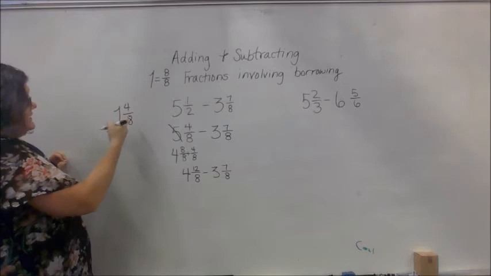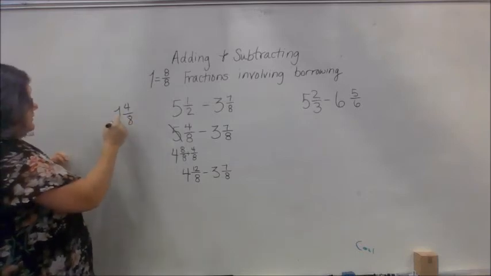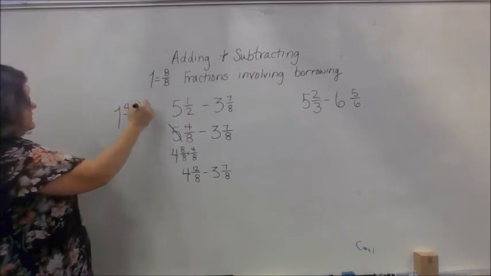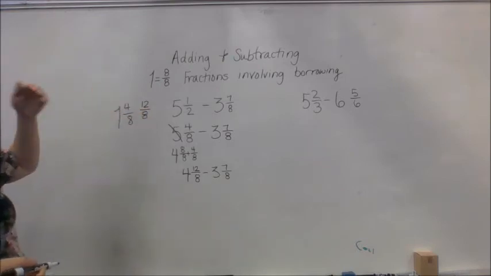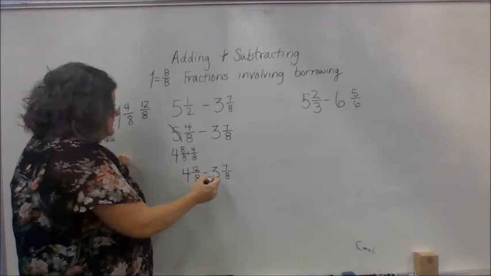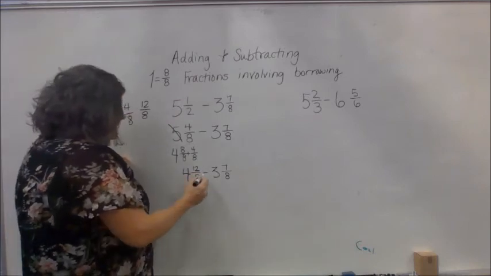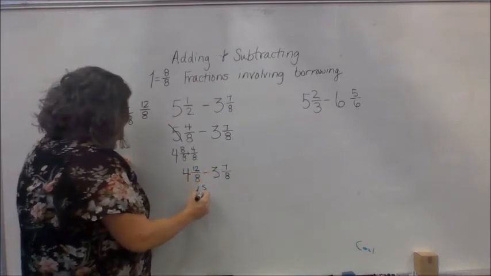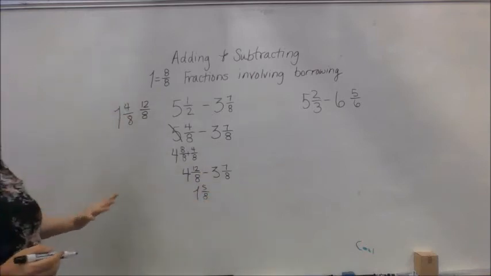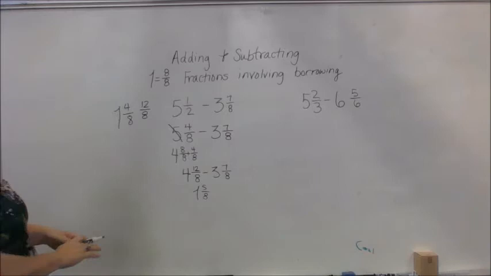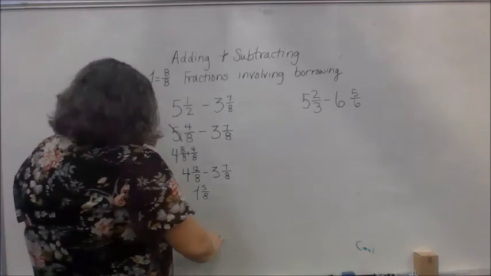I just took a 1 out. 8 times 1 is 8 plus 4 is 12/8. Is another way that 12/8 came into play. So 4 minus 3 is again 1, and 12 minus 7 is 5, and then that is 5/8. So again, that's another way to have done this question.